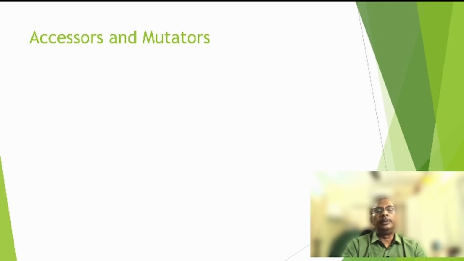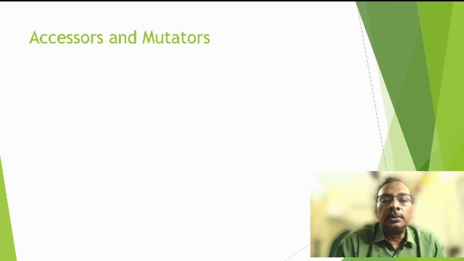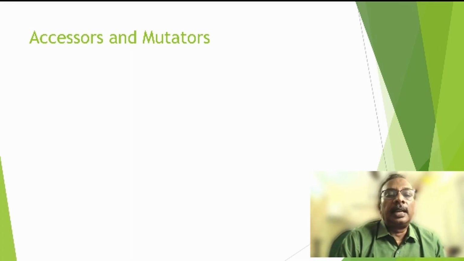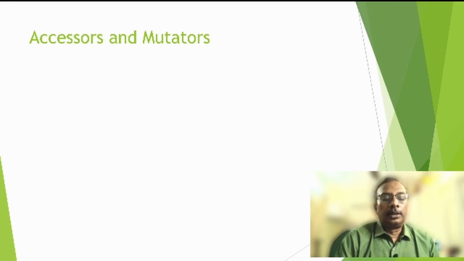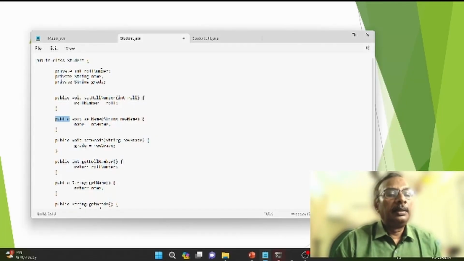Accessors and mutators. Accessors are basically functions that allow access to some restricted variables in a class. So again, in our same example, we have a roll number which is private, which means anybody outside the class cannot access this roll number, right?